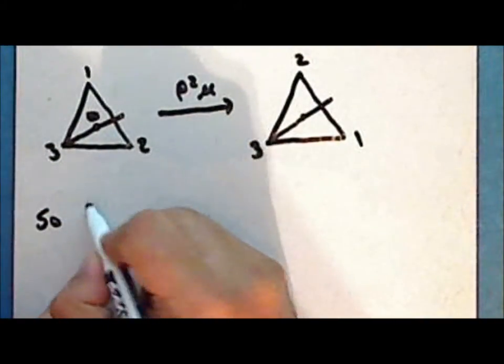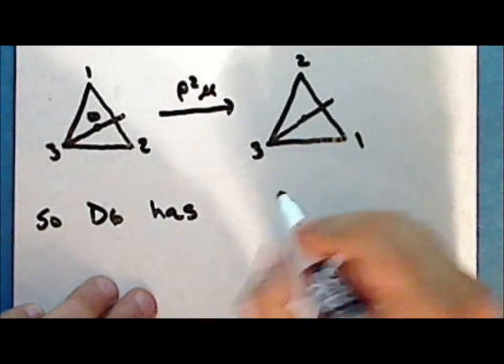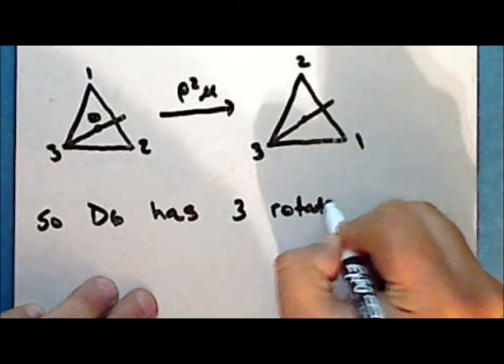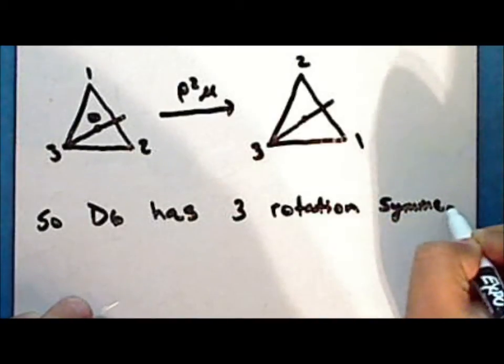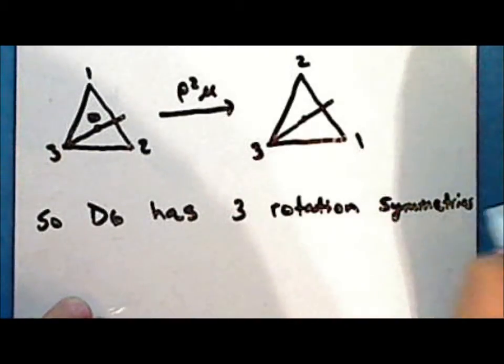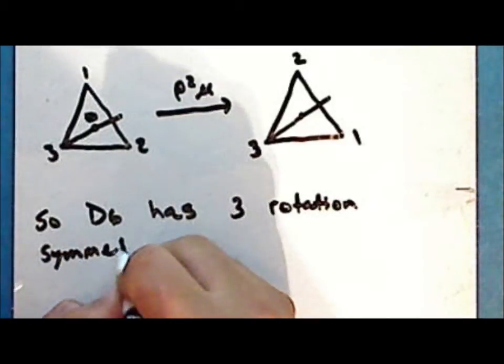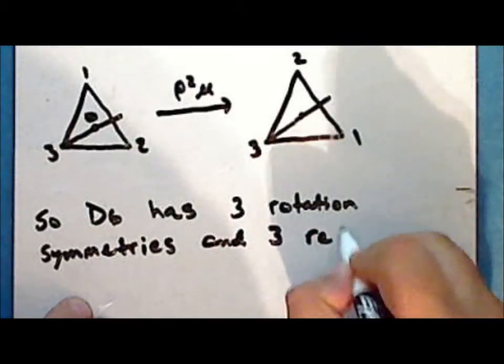And so the dihedral group of order 6 has 3 rotation symmetries, and 3 reflection symmetries.